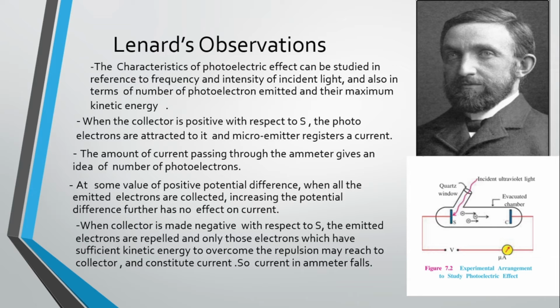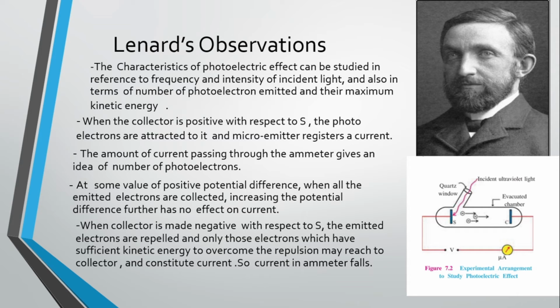Again, when the collector is made negative with respect to S, the emitted electrons are repelled, and only those electrons which have sufficient kinetic energy to overcome this repulsion may reach the collector and constitute the current.